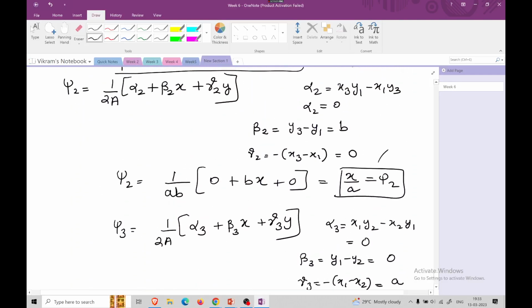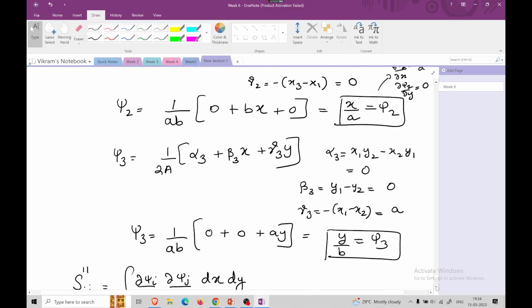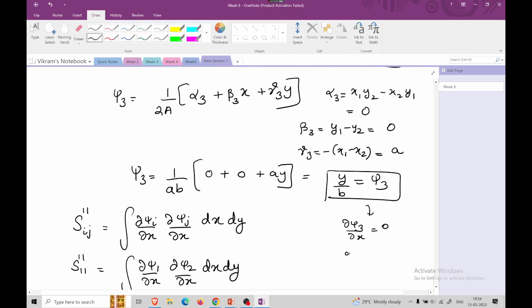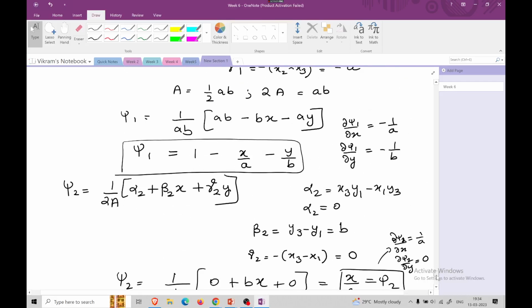Here ∂ψ2 by ∂x is 1 by a, ∂ψ2 by ∂y is 0, correct? And for ψ3, ∂ψ3 by ∂x is 0, because there is no term related to x, ∂ψ3 by ∂y is equal to 1 by b. So ∂ψ1 by ∂x, ∂ψ2 by ∂x, it is going to be minus 1 by a into 1 by a.